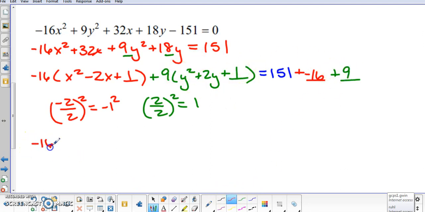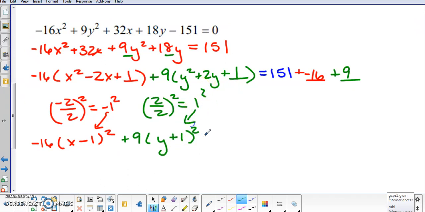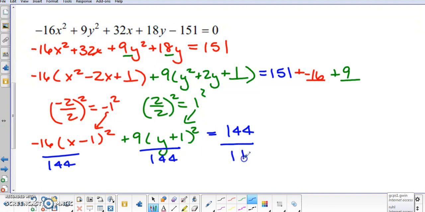So here, this is going to reduce down to x minus 1 squared, plus 9 times y plus 1 squared, because I have a 1 right here. And this is going to equal 151 minus 16 plus 9, which gives me 144. So now I just have to divide everything by 144 so I can get this to equal 1.